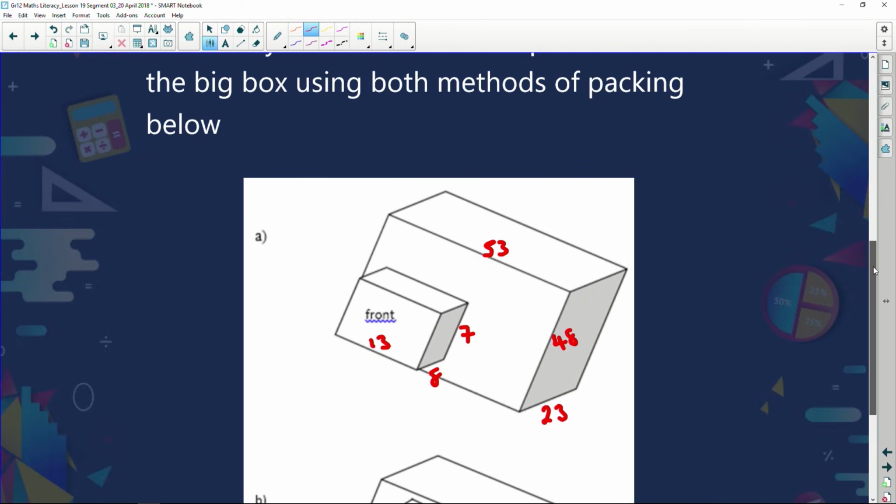Now, how many of these little boxes can I fit into the big box? Well, let's have a look. I'm going to say in my length, and I'm going to use different colors here. Here I have a length, and that length we were told is 53, and here I have a length, and that length is 13. How many of those boxes then can I pack alongside each other?